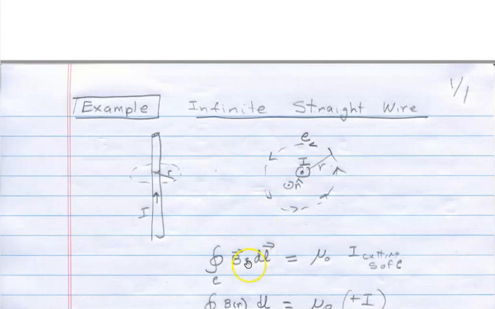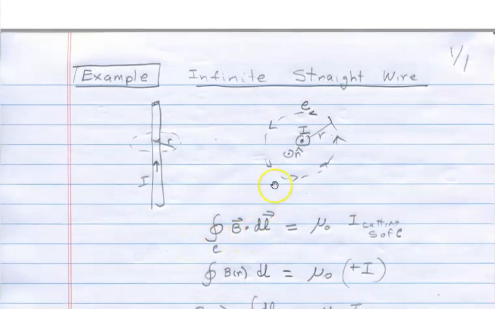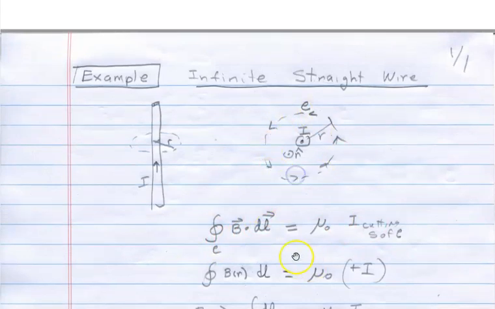And so then I know Ampere's law. The integral of B dot dl around this closed curve is equal to mu naught times the total current cutting through the area S enclosed by that curve C. And by the symmetry, around that closed curve B is the same everywhere, so it's B of r in the theta hat direction, if you will, and dl is dl in the theta hat direction.